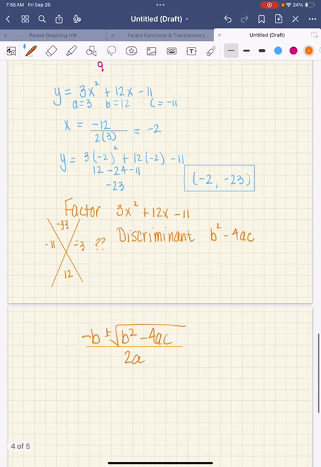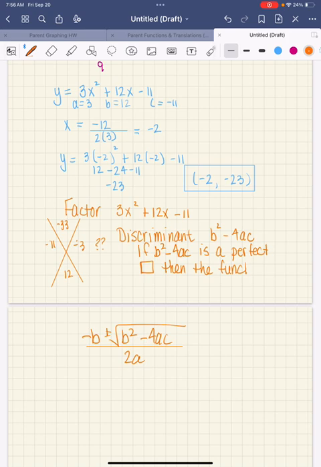Okay, enough singing. So if the discriminant, b squared minus 4ac, is a perfect square, then the function is factorable.